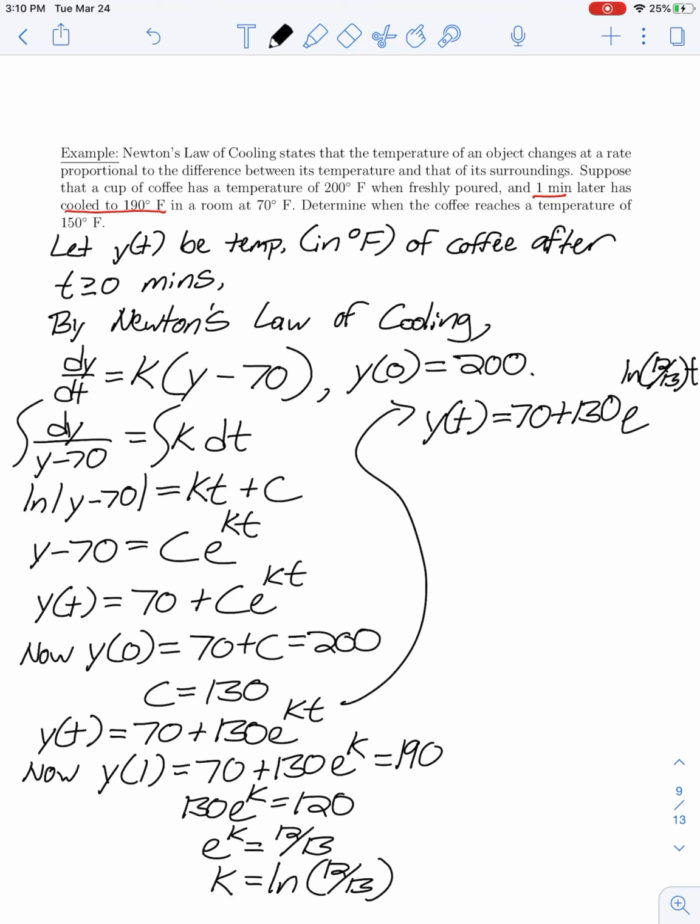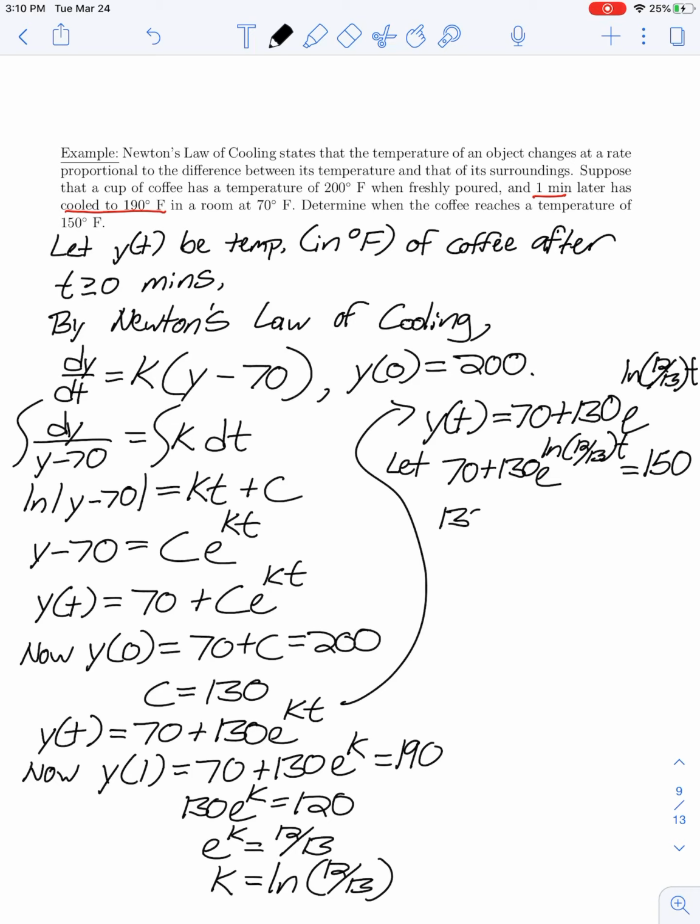So once we have this function for the temperature of our coffee at any given time, we're interested in determining when our coffee reaches a temperature of 150 degrees. So we're going to let our temperature, which was 70, plus 130, e to the natural log of 12/13 times t equal 150. And we want to solve for t now.